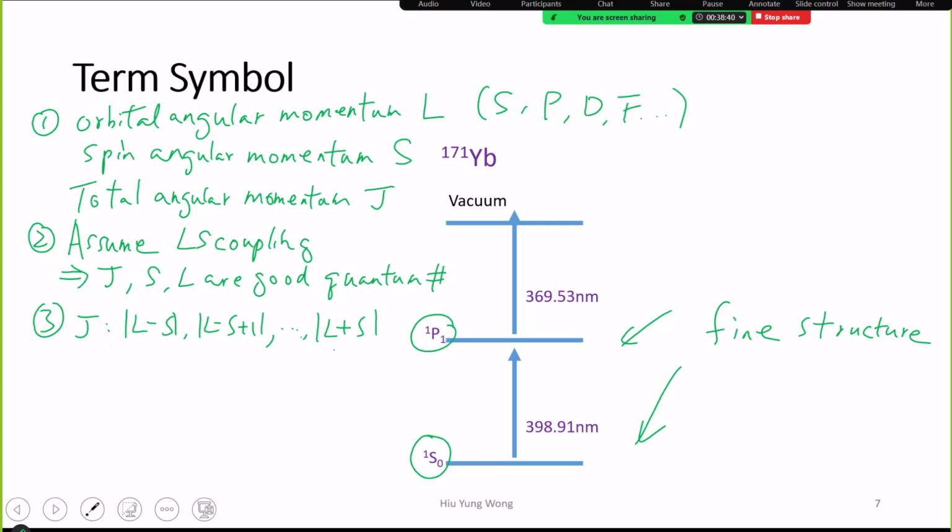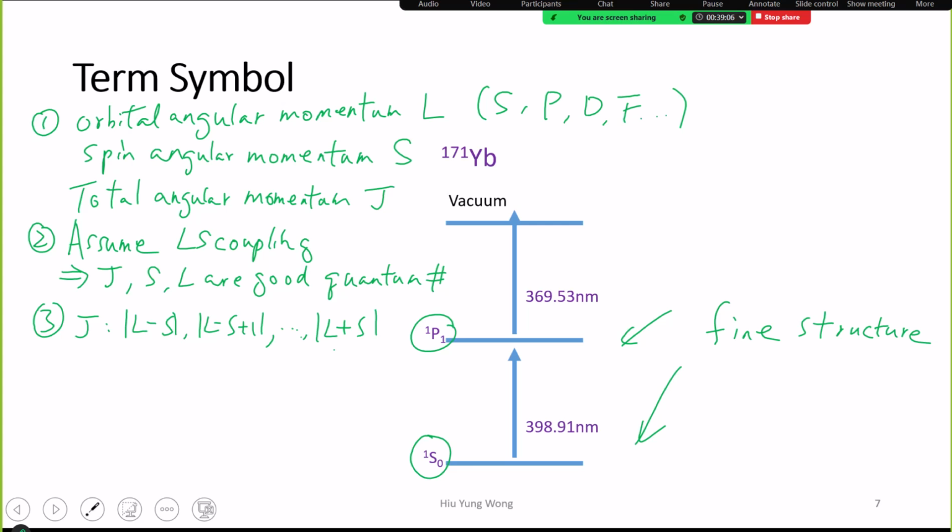The total must be between the maximum, the sum, and the difference. And the only thing that is quantum mechanics is that they are discretized. If it's classical, you probably have L minus S plus 0.1 plus 0.2 plus 0.0001, right? It's continuous. But in quantum mechanics, they're discretized, right?